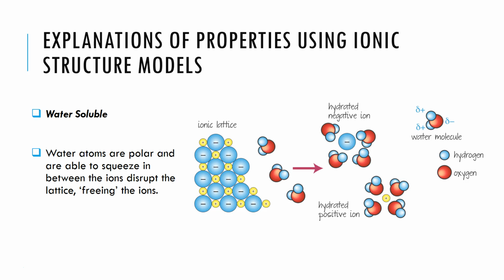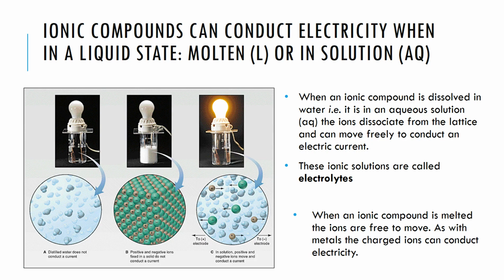So it disrupts the lattice and frees up the ions. So that means, hopefully you can put 2 and 2 together, when we have aqueous solutions, we will actually see it conducting an electric charge. Pure water won't conduct electricity, solid salt won't conduct electricity, but if we combine the two, then our light globe will glow because we have an electric charge that is able to be carried through the solution.